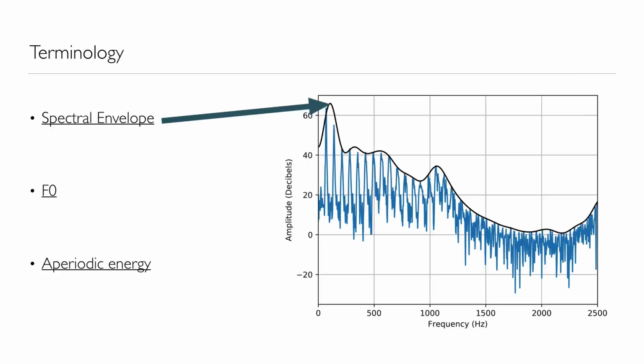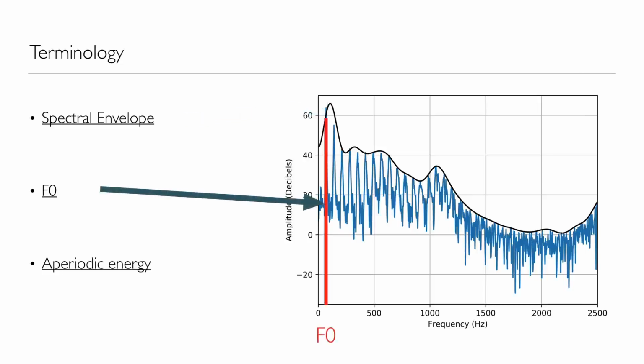You can see the formants, or the values of this frequency response. Also, we want to extract from the waveform the second feature, called the fundamental frequency, or F0, which is the frequency at which our vocal folds vibrate.